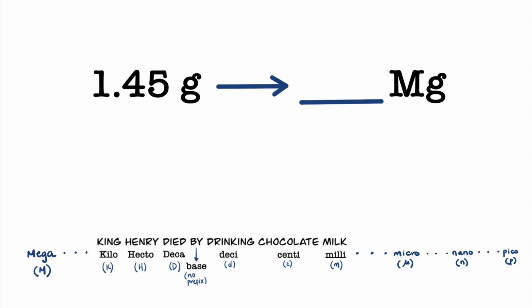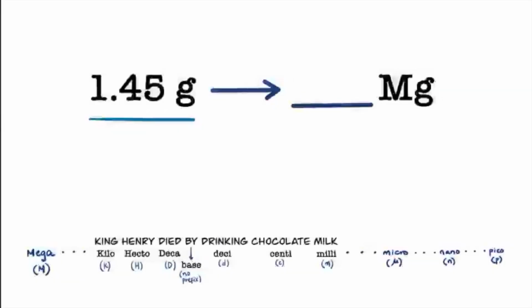So let's take another example. Say we want to convert 1.45 grams to megagrams, which is capital Mg. We're going to use the same method. First, we circle where we want to start. In this case, since grams doesn't have a prefix, this will be the base.